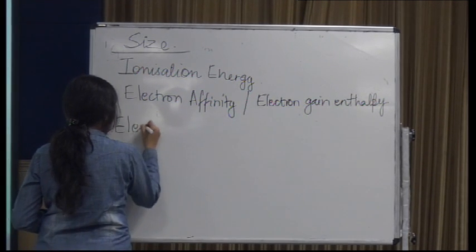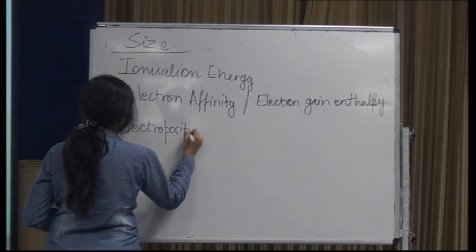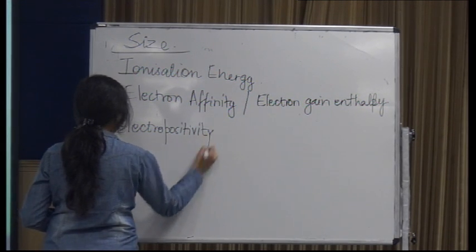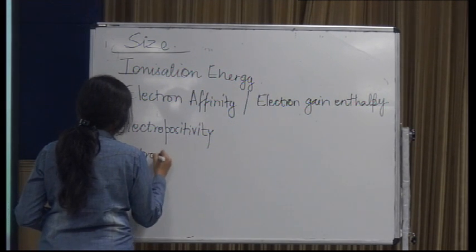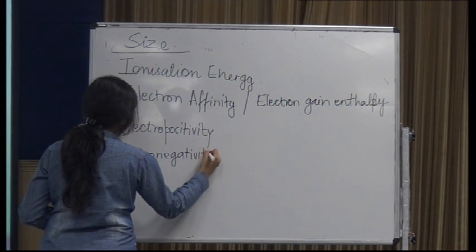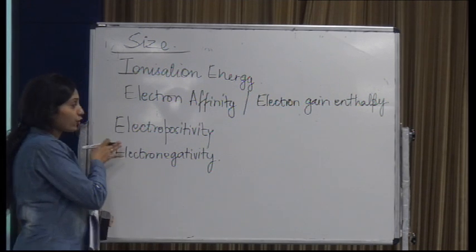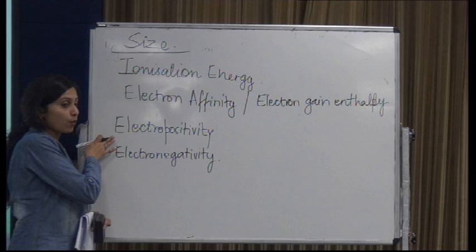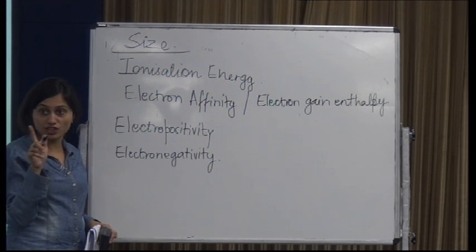Then how are they different from electropositivity and electronegativity? Remember that electropositivity is the tendency of an element to lose electrons. It is the tendency. We are not talking about energy.